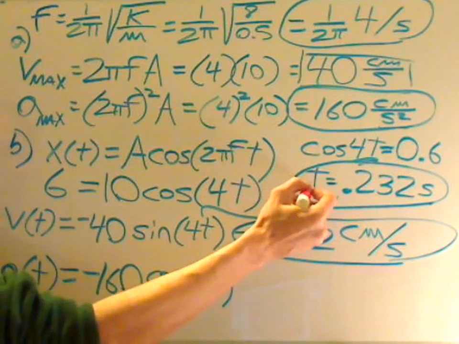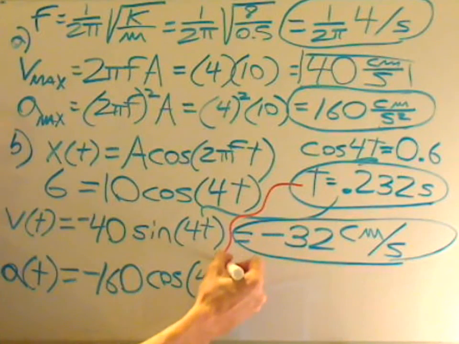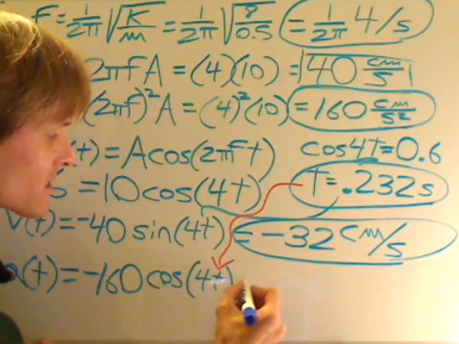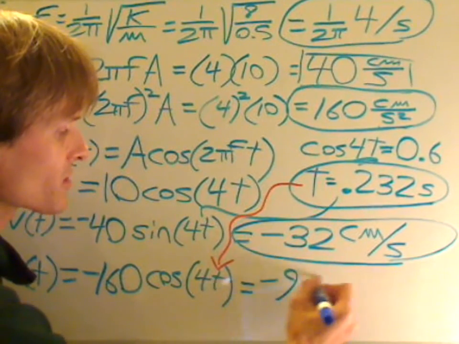Again, plug in this 0.232 number for time here. 4 times 0.232 gives you a little less than 1, like 0.9 something. Make sure your calculator's in radian mode and take the cosine of that. The number you get is 0.6, I believe. 0.6 times negative 160 gives you negative 96 centimeters per second squared.